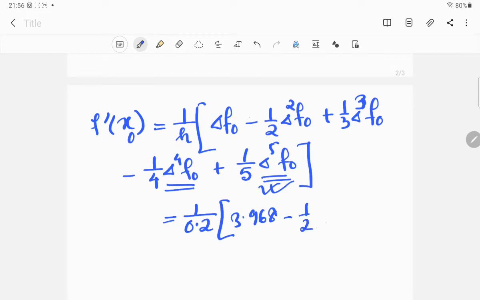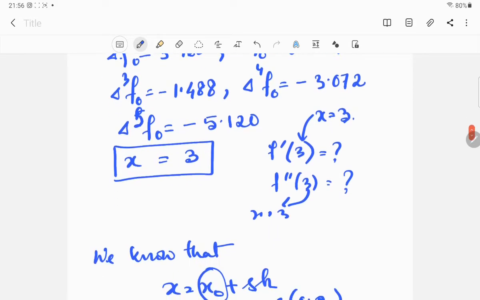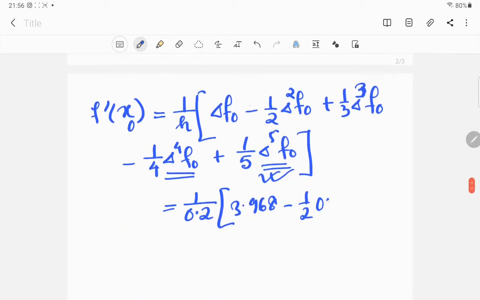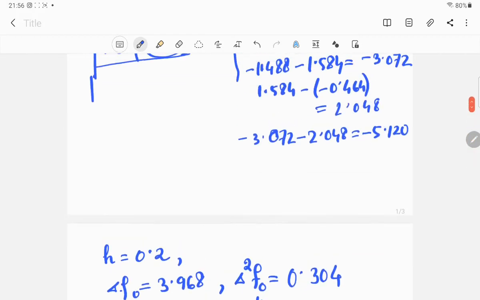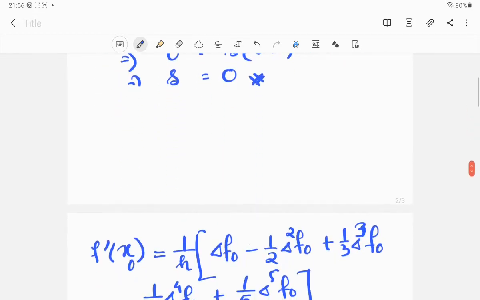Then 1 by 2 del 2 f naught, so del 2 f naught is 0.304. Plus 1 by 3 del 3 f naught, which is minus 1.488.